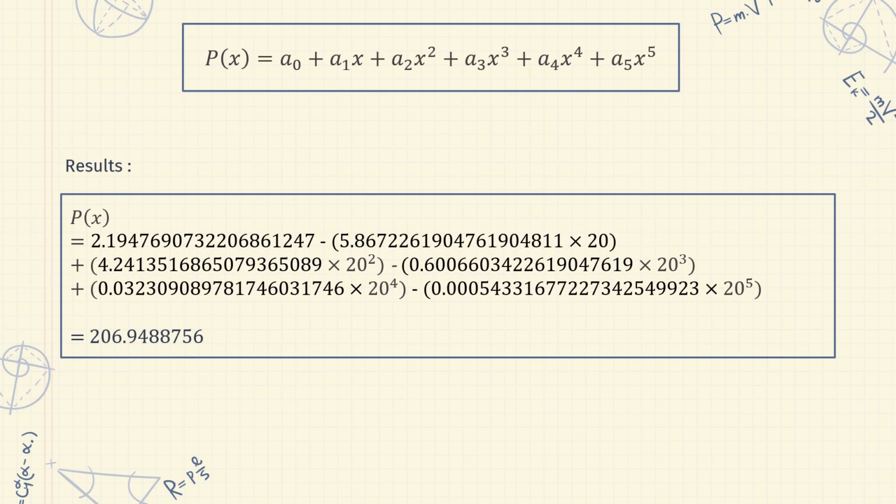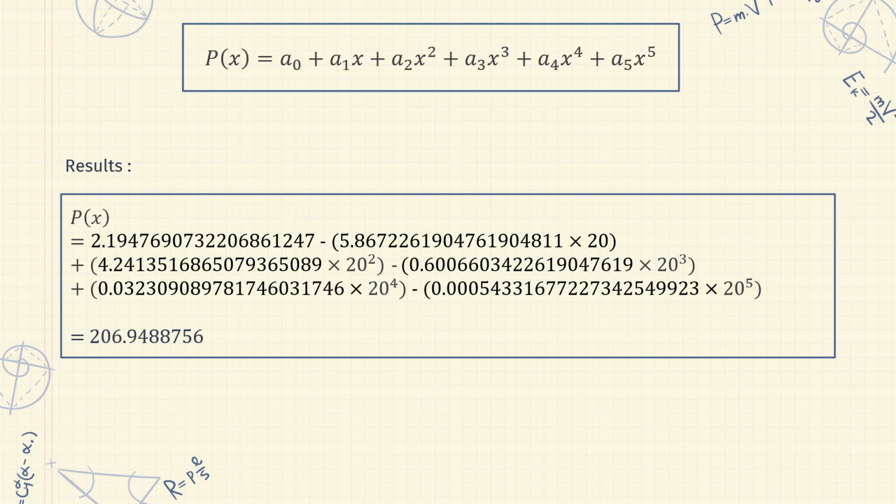And with all of the information gained, we can use the original equation that we used earlier, which is Px equals A naught plus A1x plus A2x squared plus A3x cubed plus A4x to the power of 4 and A5x to the power of 5. And since we know each of the values A naught, A1, A2, A3, A4, and A5, we can just substitute each value into its designated order.